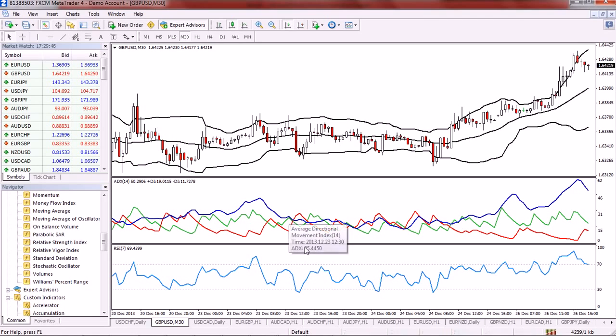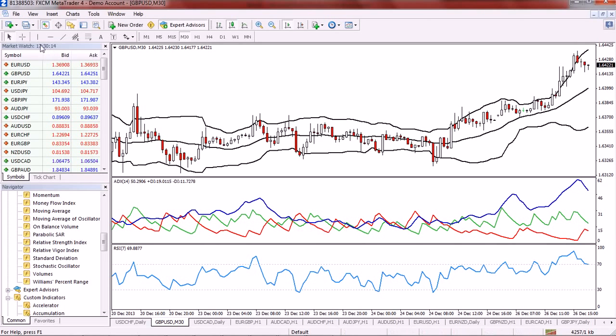For the buy signal, first you have to observe the RSI indicator. On the RSI indicator, for a buy signal, the indicator should cross the 30 level from below. And the actual ADX line, which is the blue line, should be less than 32.